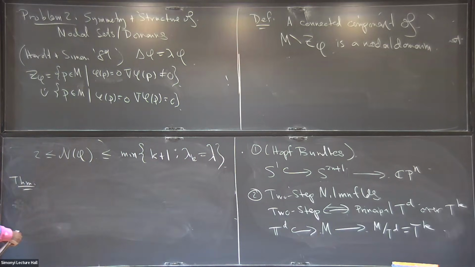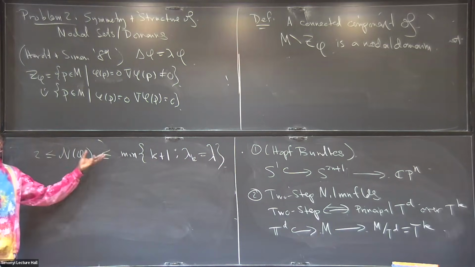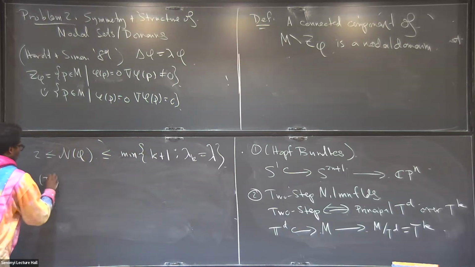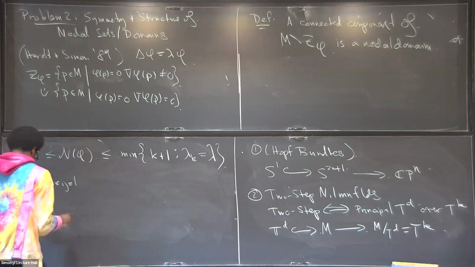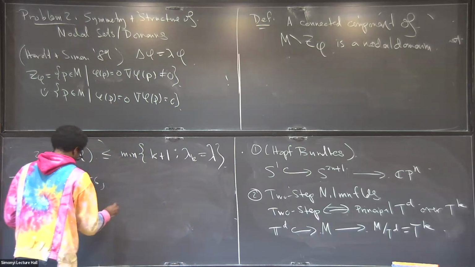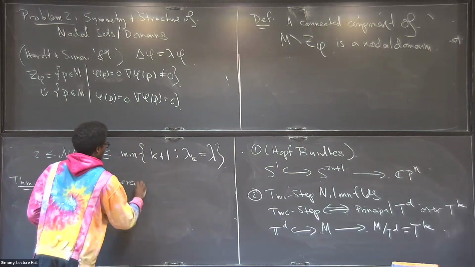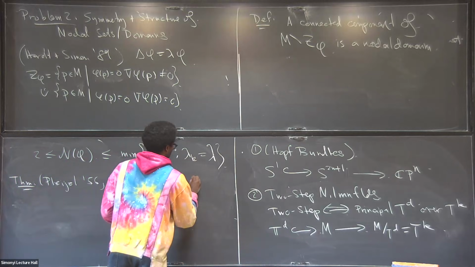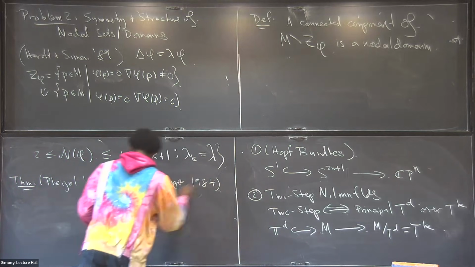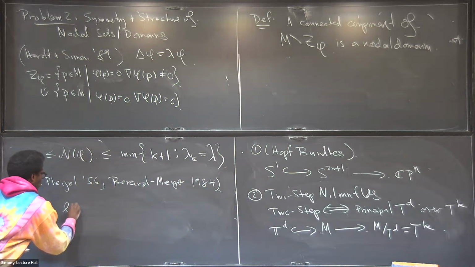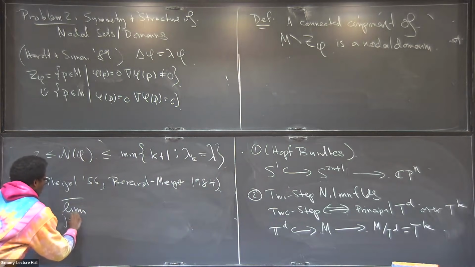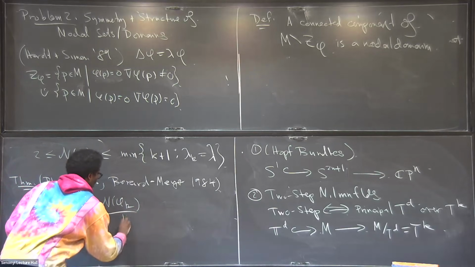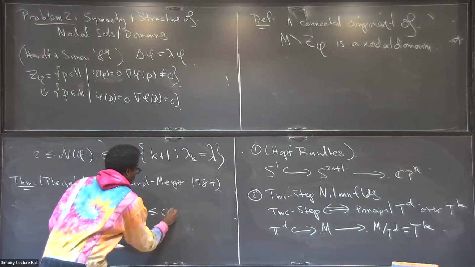One thing you might wonder about is, can you actually have lots of eigenfunctions that saturate this upper bound? There's a result of Weyl, maybe from '56, and then Bérard and Meyer, I think from '84, which basically shows that the lim sup of this divided by k is always bounded.